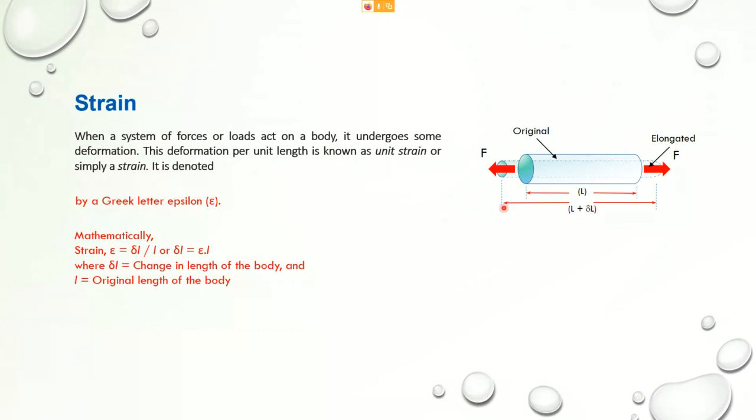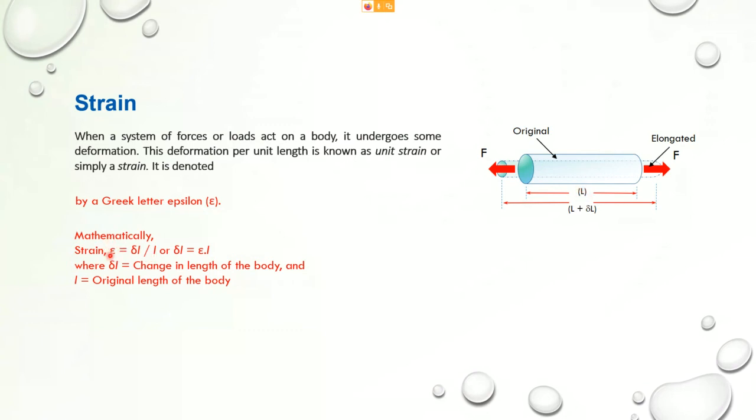That gives you the final length after the force is applied, where this is the original length. The final length is the original length plus the change in length. If you take the change in length divided by its original length, you get the strain.